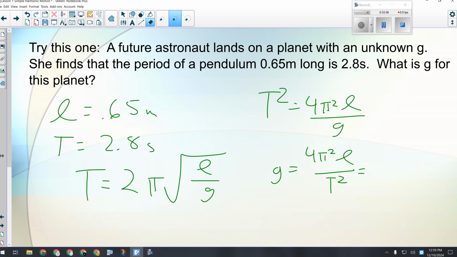What do you suppose people forget with this manipulation? They forget to square the period, like all the time. I'm not sure why, but it happens a lot. So we get 4 pi squared times 0.65 meters, divided by 2.8 squared.